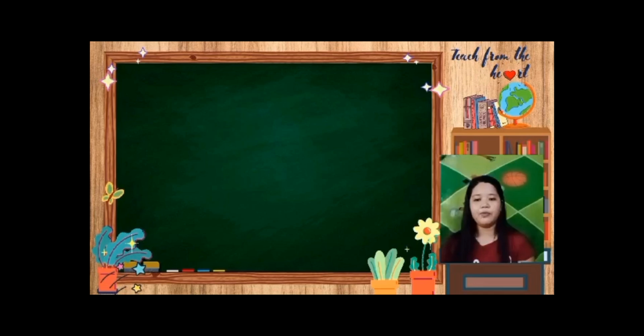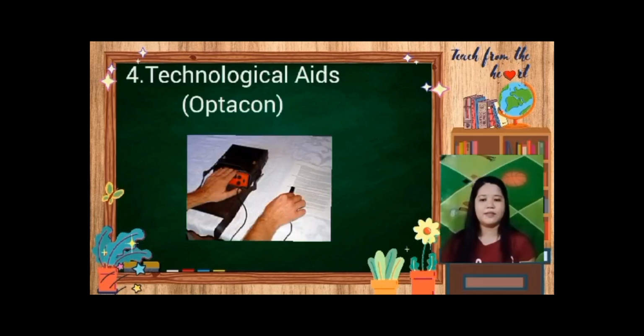So, the number 4 technological aids are available for blind persons. The first one is the Optacon, or optical to tactile converter. As you can see in the picture, it is a small electronic device that converts regular print into a readable vibrating form for blind persons.